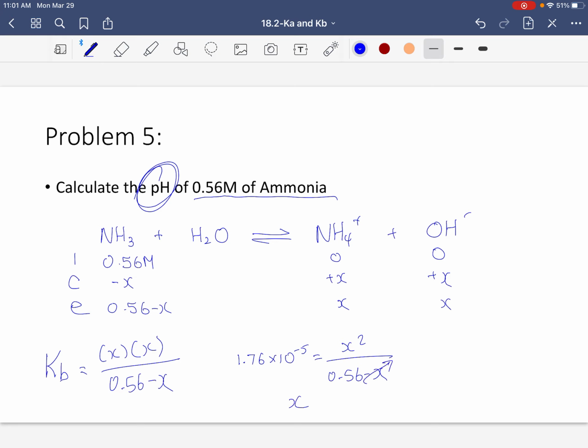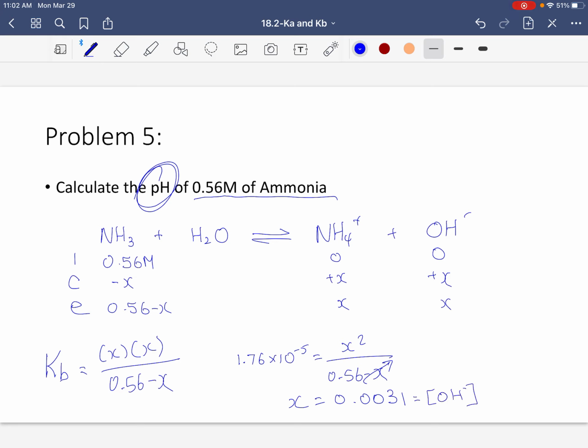So x is equal to 1.76 times 10 to the power of negative 5 times 0.56, and then we root that. X is 0.0031. Yep, it is a very small number, at least compared to 0.56. So that's the concentration of OH.